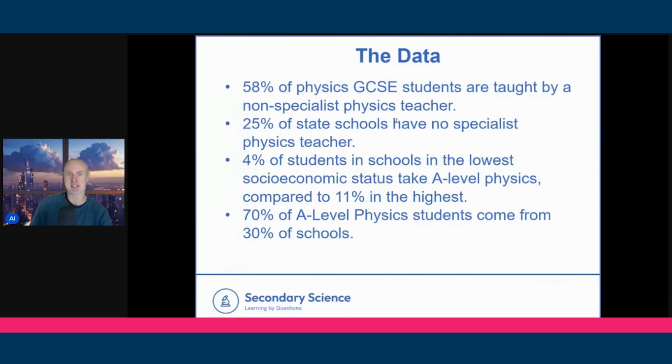The data did seem to indicate, perhaps unsurprisingly, that schools in the higher socioeconomic status areas were having first dibs on the specialist teachers. And that may or may not have contributed to the last bullet point on this slide, which is 70% of A-level physics students actually come from just 30% of schools, those schools mainly in those higher socioeconomic areas.